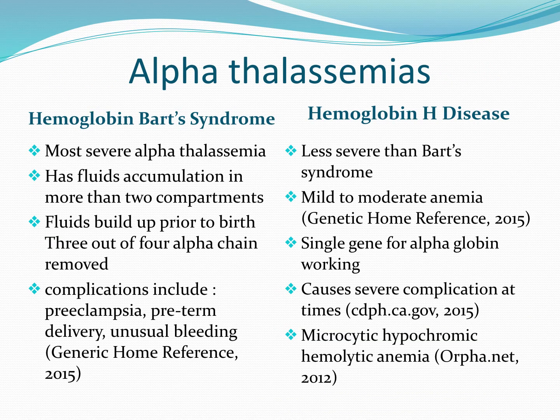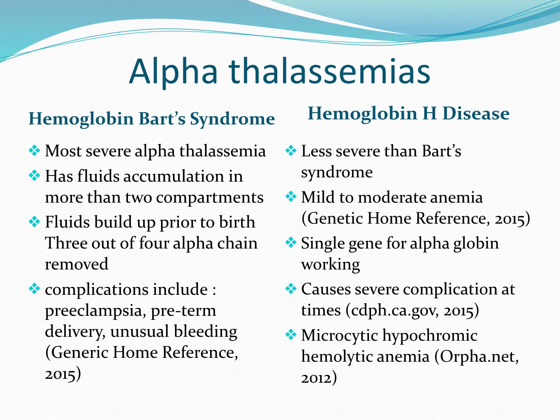Hemoglobin Bart's syndrome is the most severe alpha thalassemia. It has fluid accumulation in more than two compartments of the body. Fluid accumulation starts before birth, and 3 out of 4 alpha chains are removed.